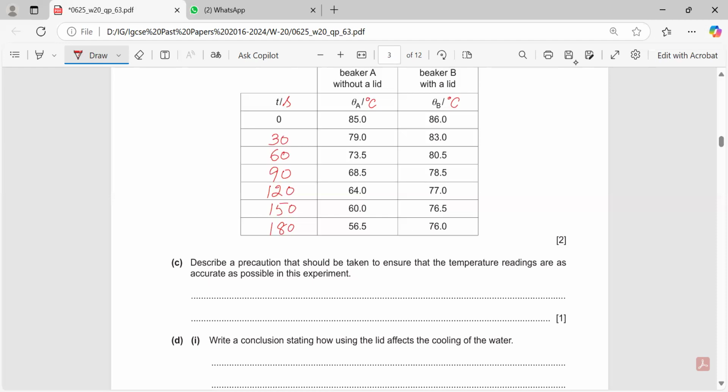So we can say simply: keep line of sight at 90 degrees to the scale of the thermometer.